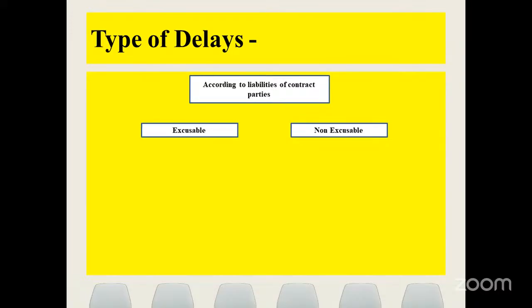Then again you have waterproofing work. After the slab you have waterproofing work. So once you do the waterproofing work, you have to wait for 7 days for testing of the slab. So that testing of the slab again will be delayed. So that starts implementing as a concurrent delay. In the other case, let's say you have casting of footing and you have delayed casting of footing, but you can increase your manpower and you can complete casting of columns within time.